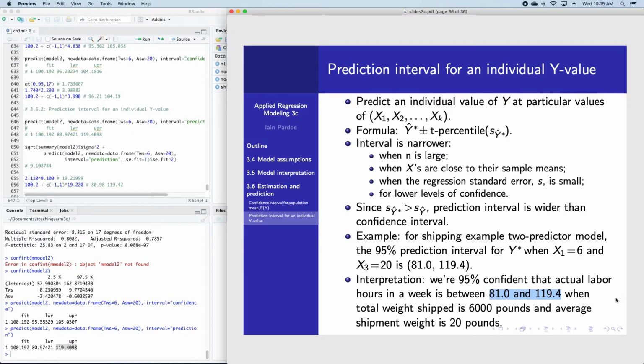So imagine that we're predicting, say, an individual week in the future where this is how much we're shipping, and the average shipment weight is 20 pounds. For that specific week, this is what we're narrowing the labor hours down to.